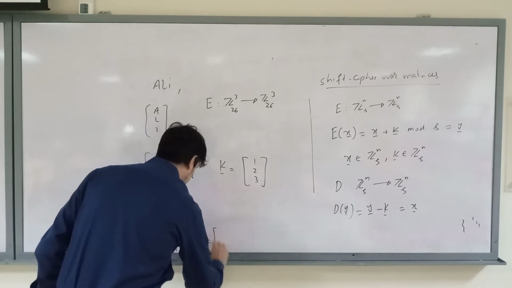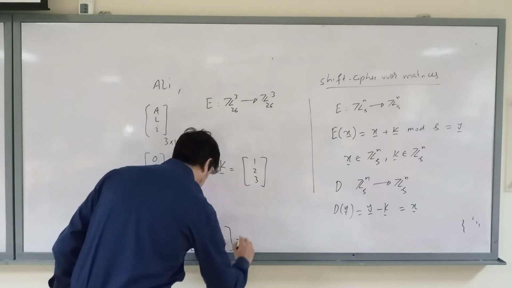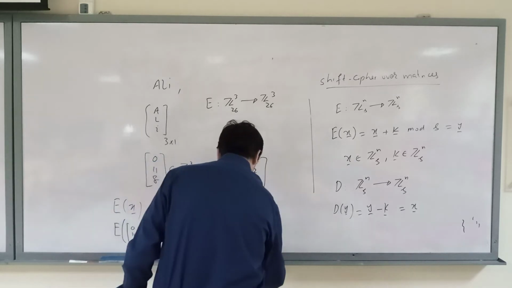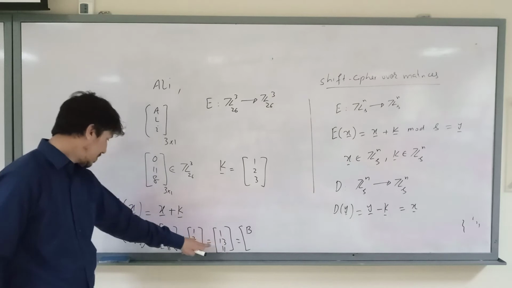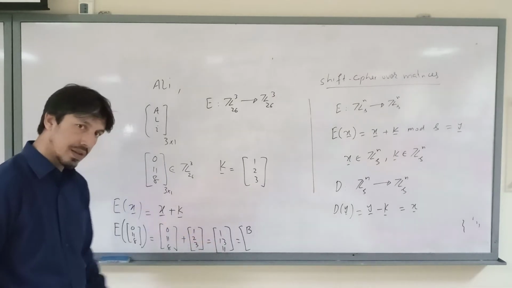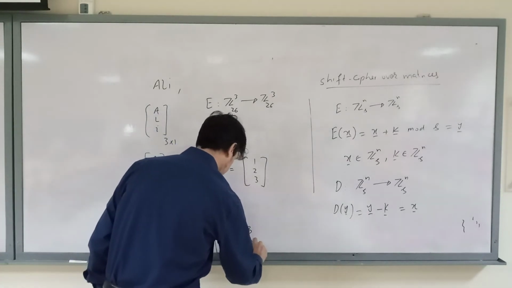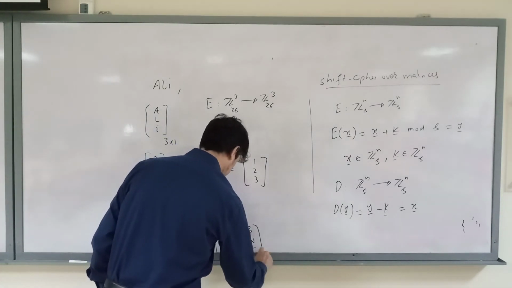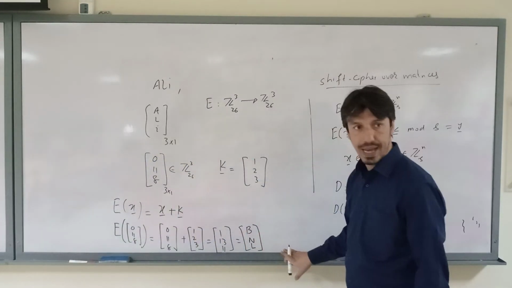So what you will get: 1, 13 and 11. You can see 1 is B, 13 is mapped to N, and 11 is again L. So you transform Ali into BNL.